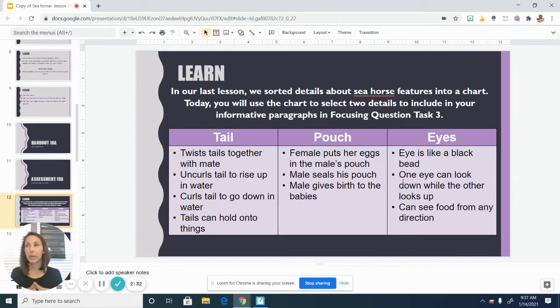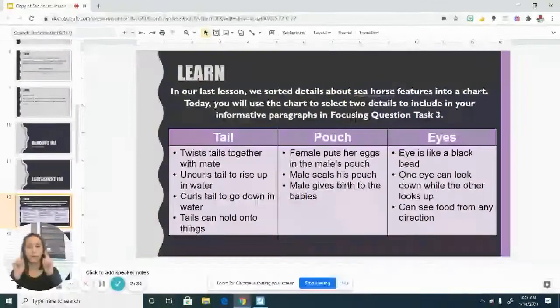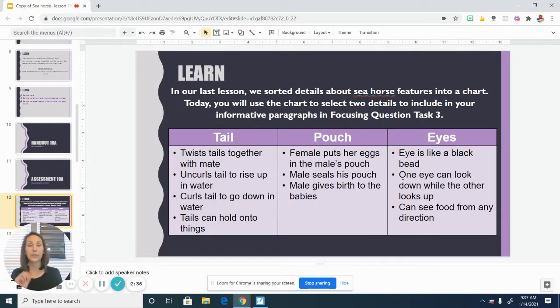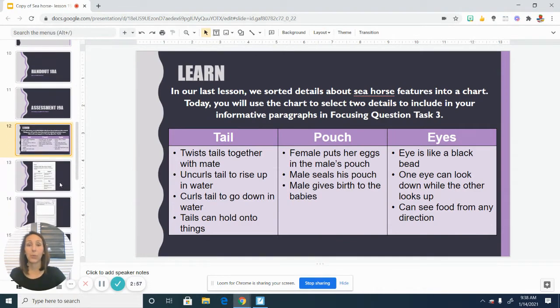So why don't we take a minute and think in your head or even say out loud, which feature do you want to write about? The tail, the pouch, or the eyes? You got it? All right, so thumbs up if you have decided on the one feature you want to focus on.